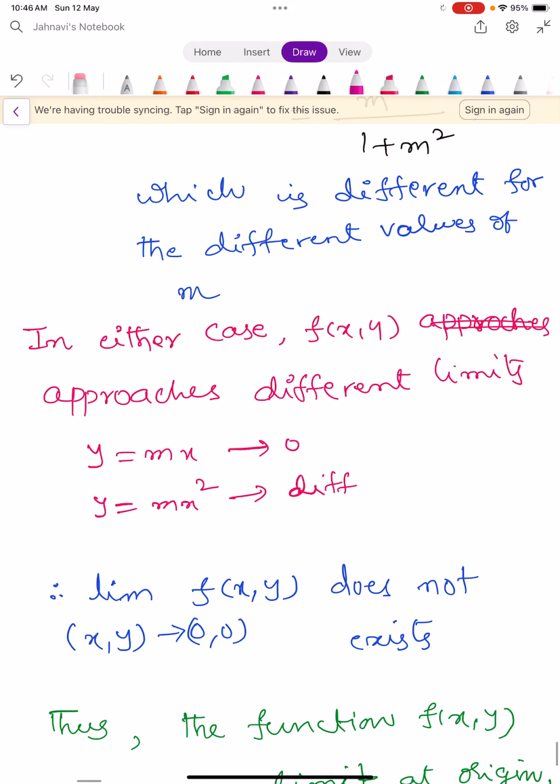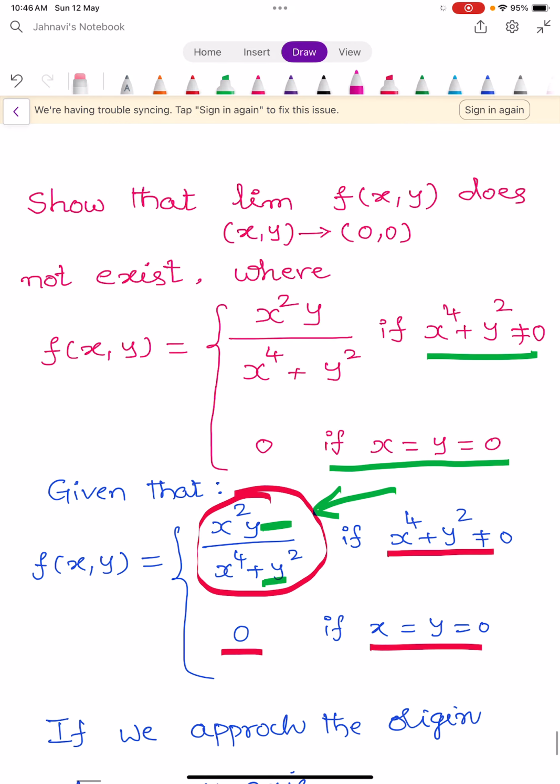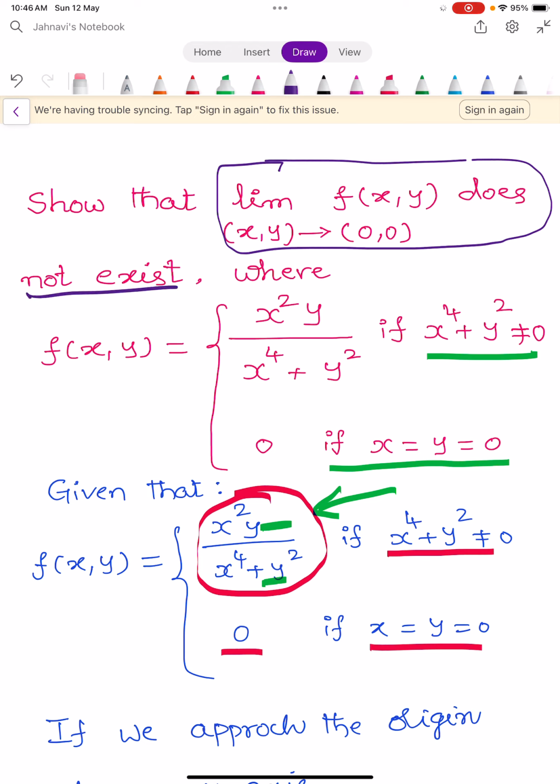Understand the difference. Now finally we conclude that the limit as (x, y) tends to (0, 0) of f(x, y) does not exist. But whenever we restrict the value of y to a straight line, which is equal to mx for different values of m, you get a limit.